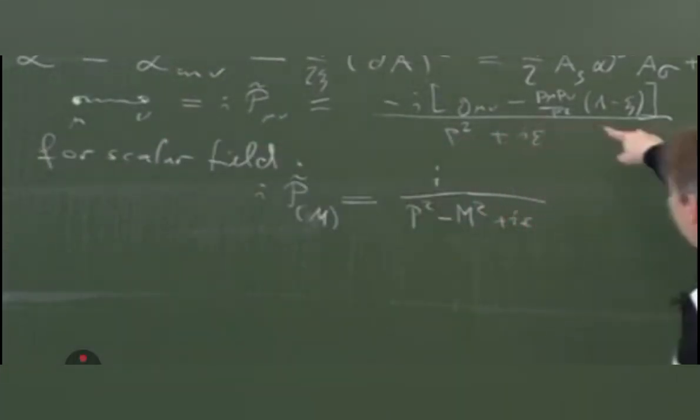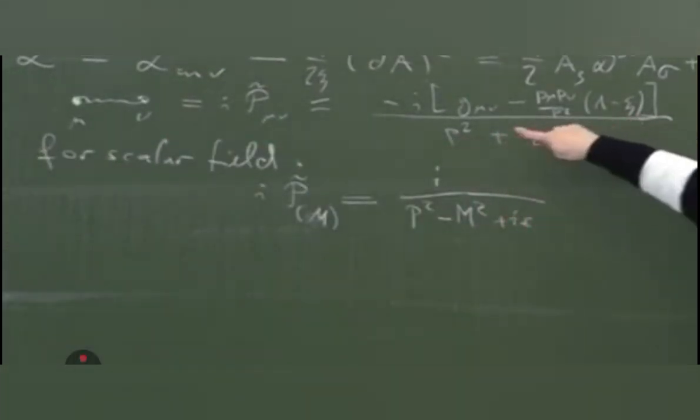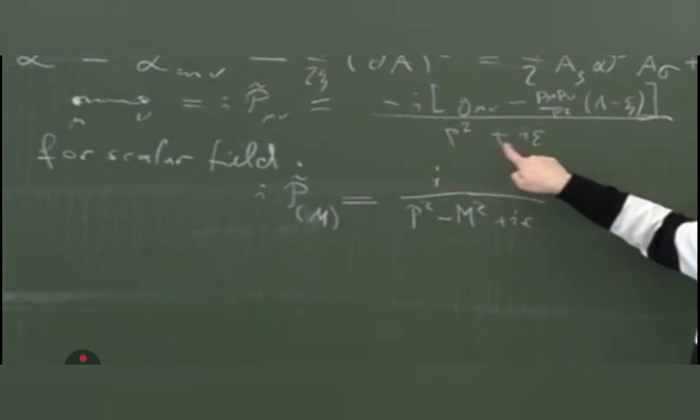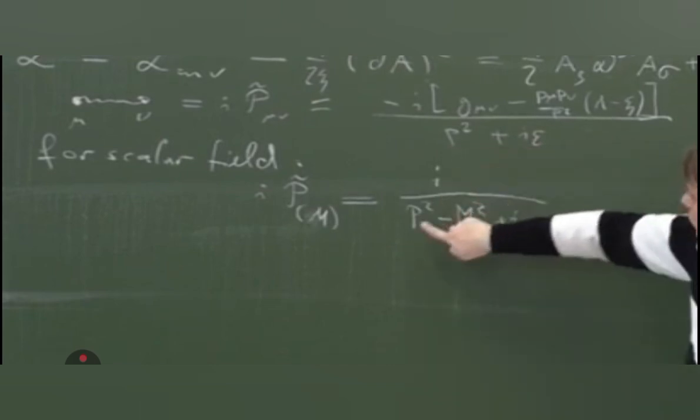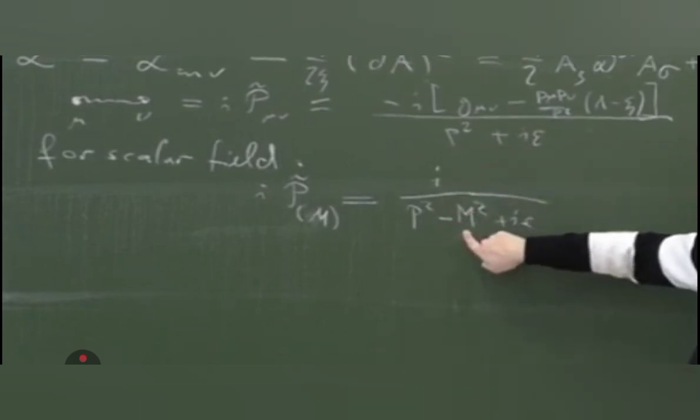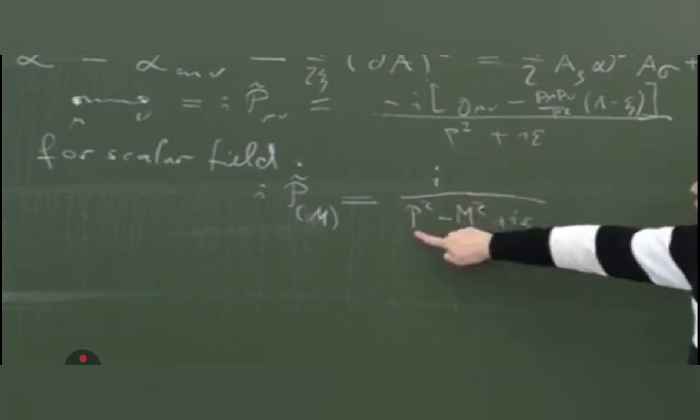And of course, you see that the photon propagator contains minus i divided by p squared plus i epsilon. So this part of the photon propagator is the same as the scalar field propagator for M equals 0. It's just the denominator p squared plus i epsilon. That is the same as for a scalar field.